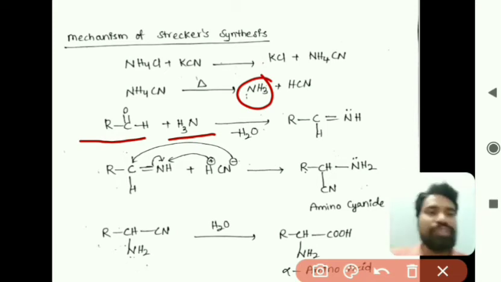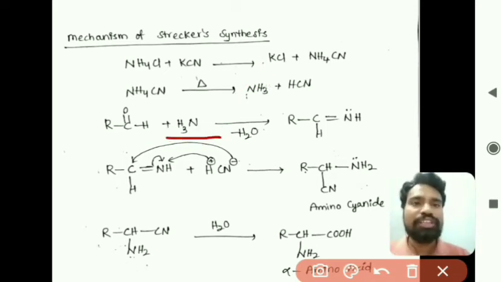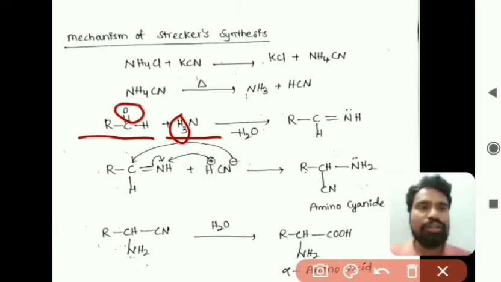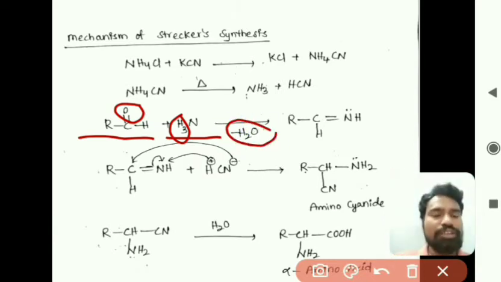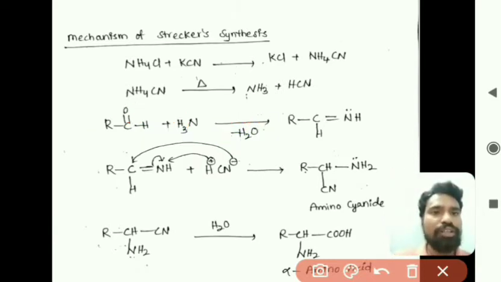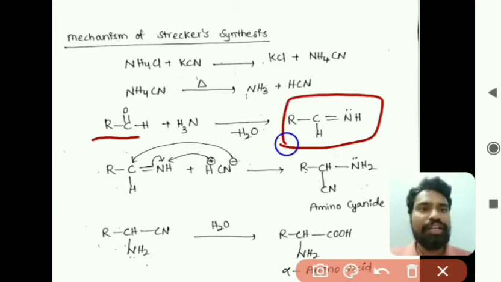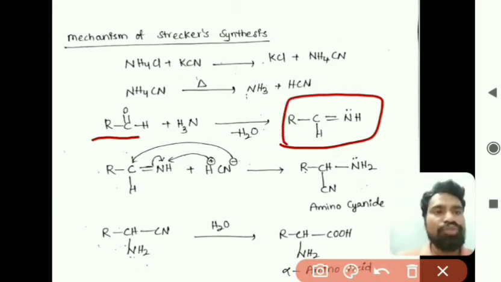This ammonia NH3 reacts with the aldehyde, so that the oxygen and two hydrogens leave as a water molecule, and you get a double bond between carbon and nitrogen, that is RCH=NH. So an imine is formed.